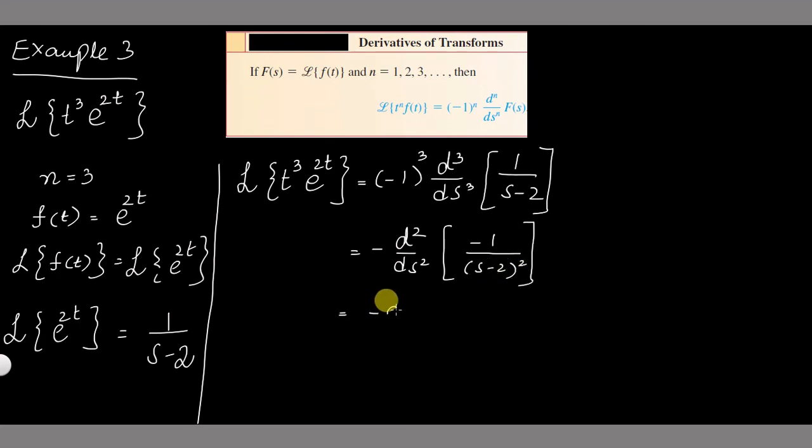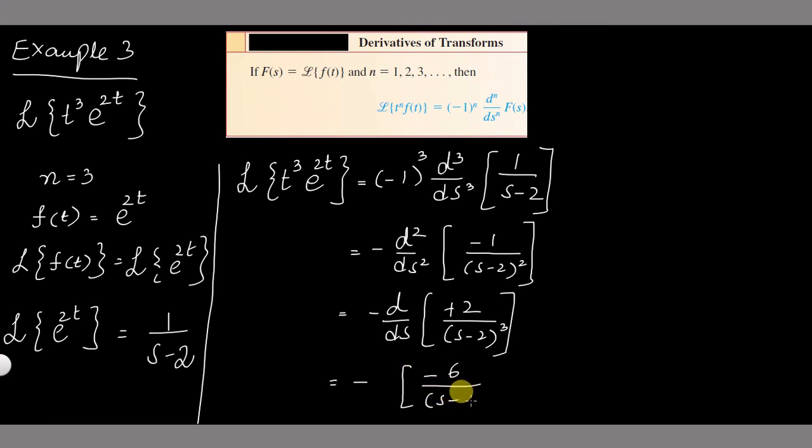and then just take the second derivative of the same function, which will become plus 2 over s minus 2 whole cube, and then at the end find the third derivative of this function, that will become minus 6 over s minus 2 raised to the power 4.